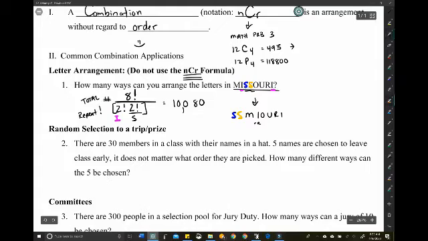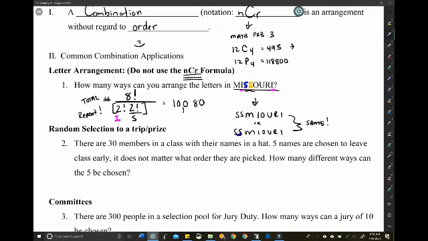Or I could also arrange it orange S and blue S and then the rest of the letters, M-I-O-U-R-I. Now, to the naked eye, these are really the exact same thing. It doesn't matter the order that those S's are in, since they're both just S's. So that's why we're dividing by the redundancies.